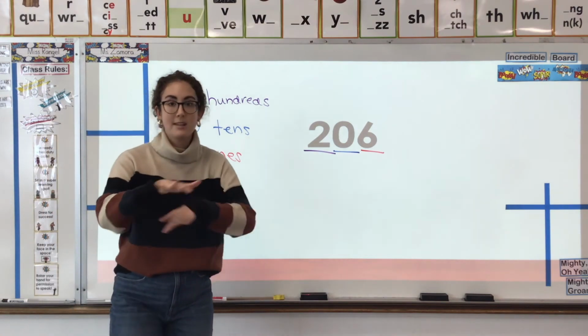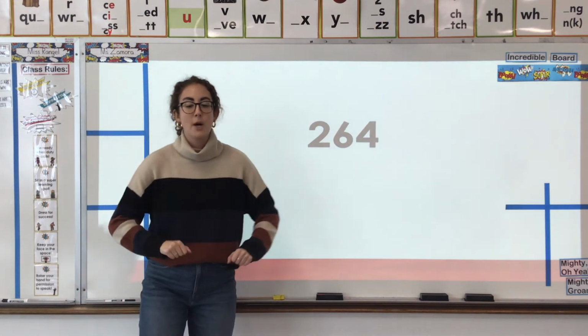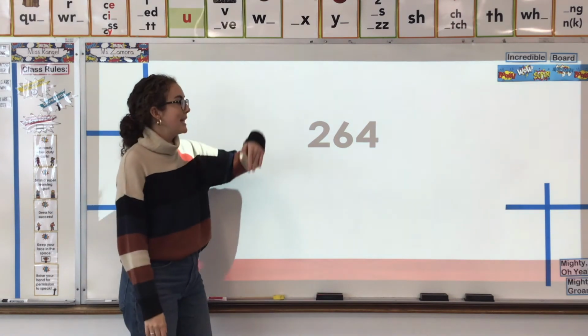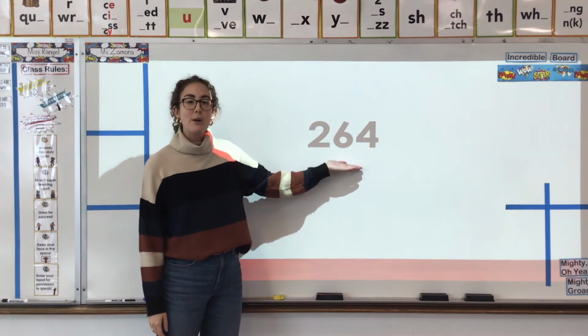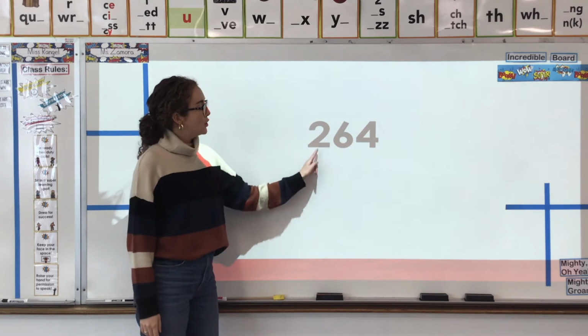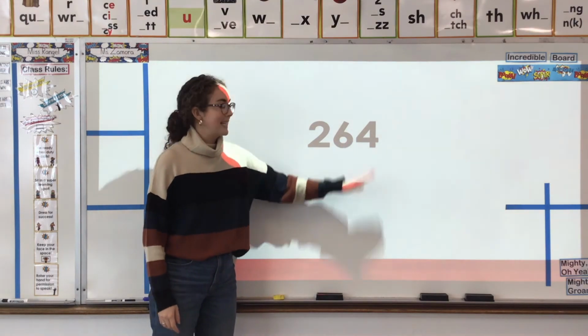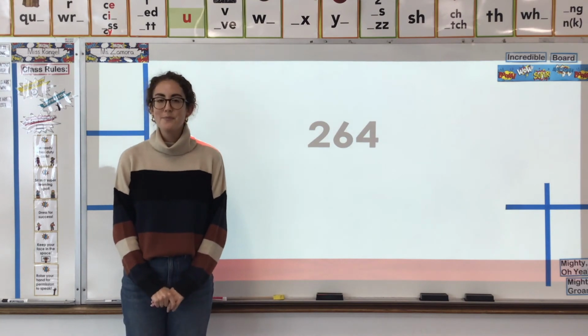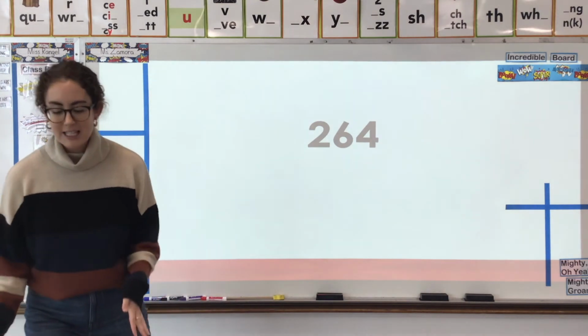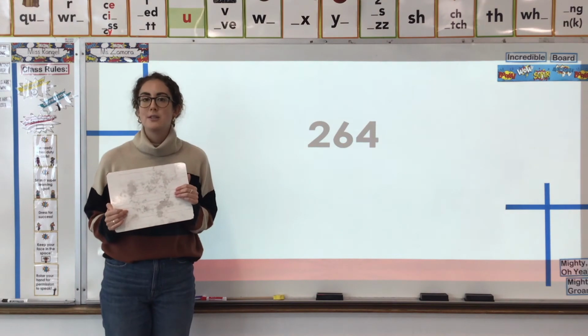So, reset. Okay, so your board is reset, and that means you are now going to write in the middle of your board 264. Can you write 264? For this one, I want you to test yourself.